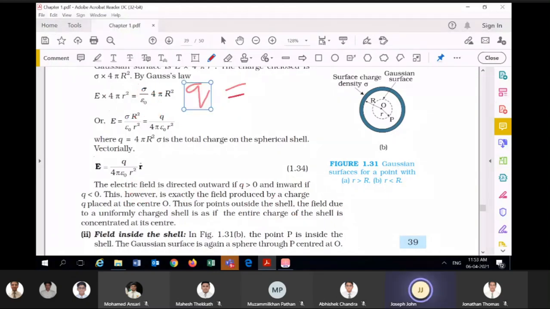Therefore, E is equal to 0. There is no electric field inside the shell, okay? Therefore, E is equal to what? 0. Clear? All of you clear this one?